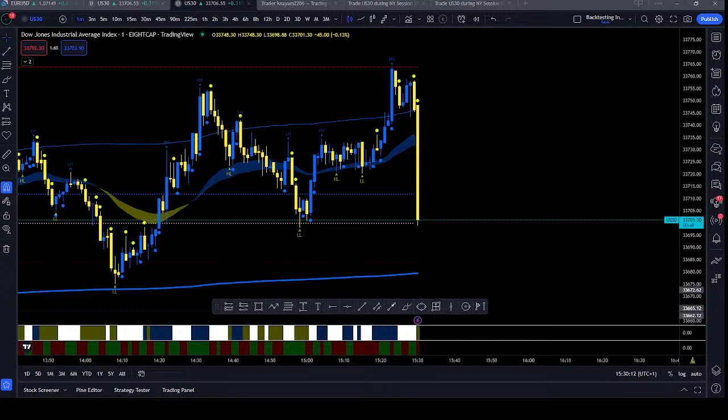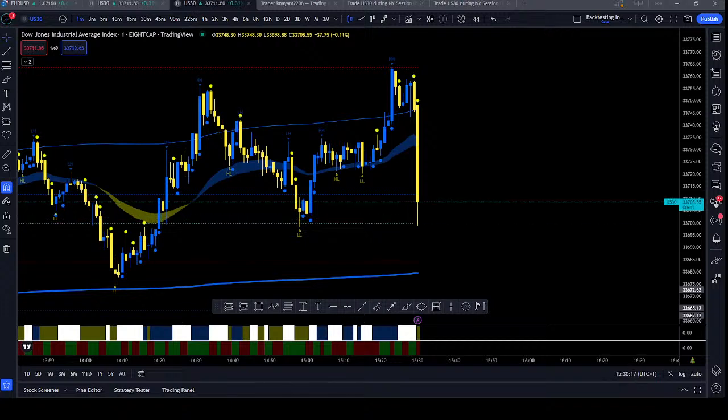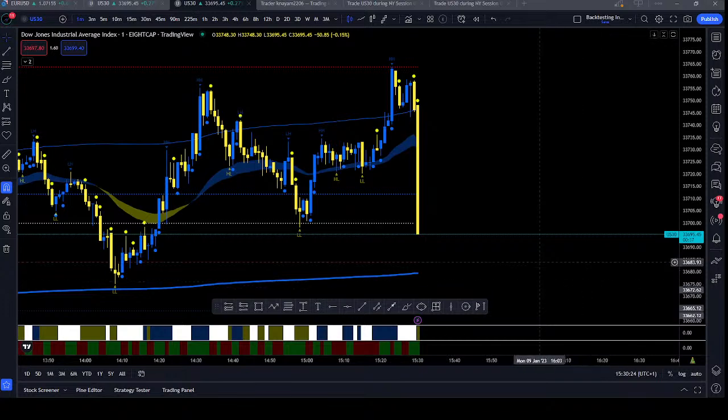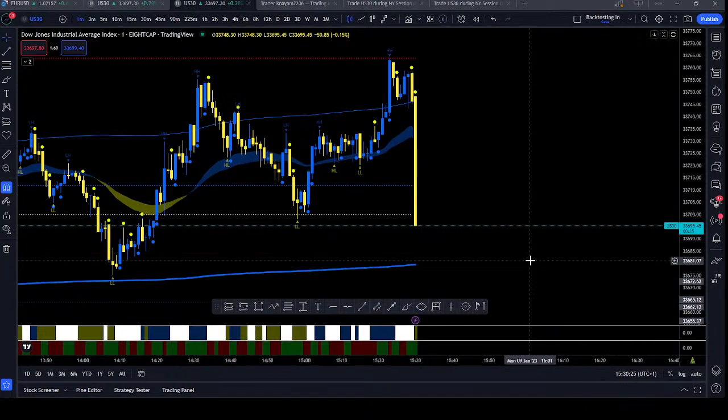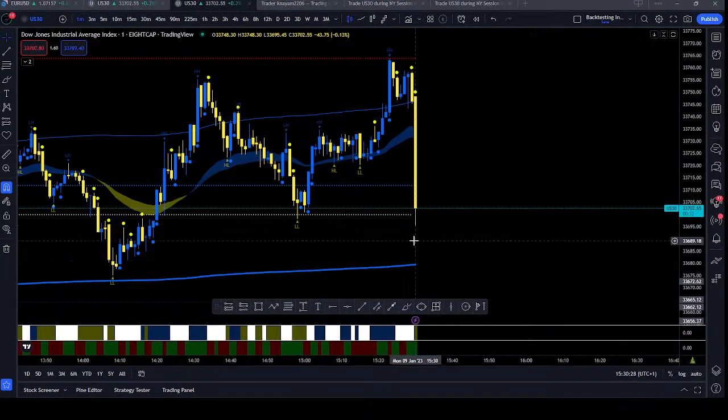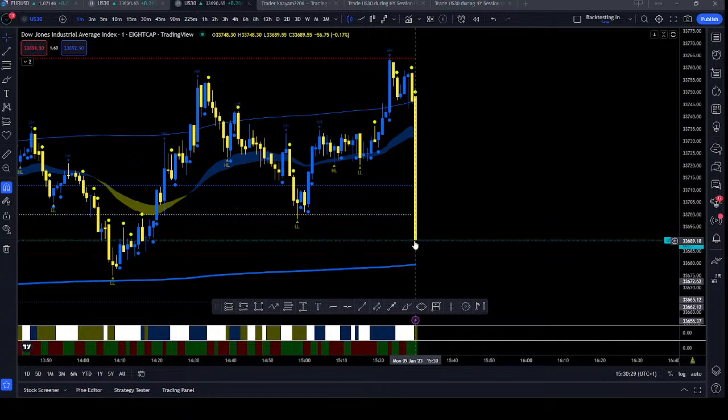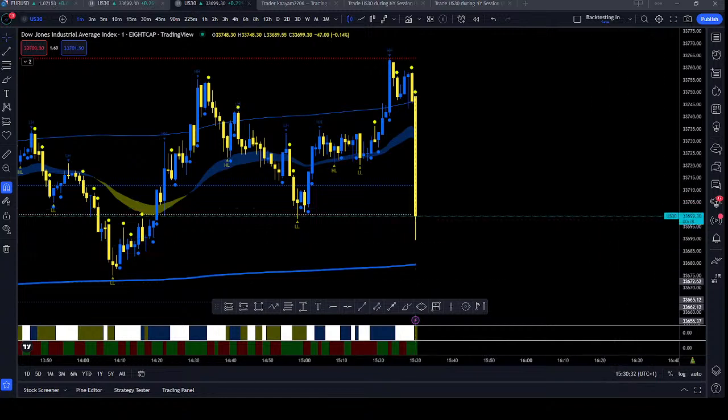Just a second. So the market is tanking. It has tanked about 43 points as the market opened.